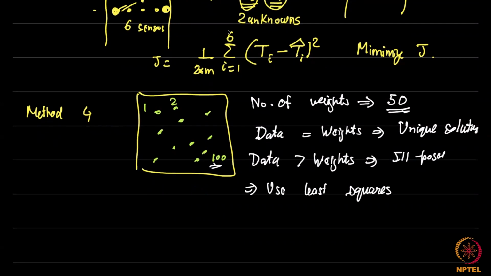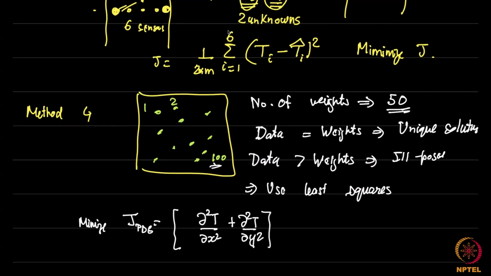So instead of solving the nonlinear system of equations exactly, all you need to do is to minimize J_PDE. J_PDE simply says del squared T by del x squared, whatever expression we get, plus del squared T by del y squared.